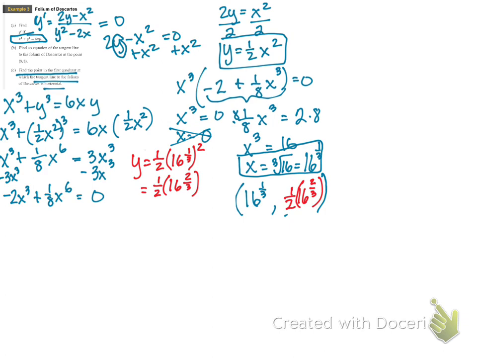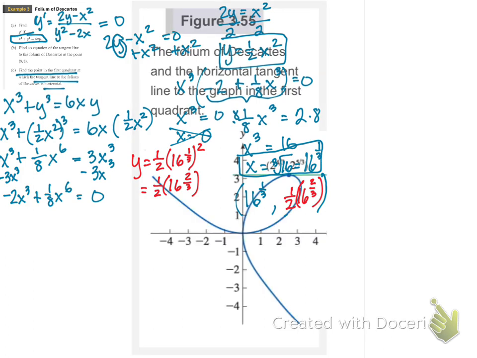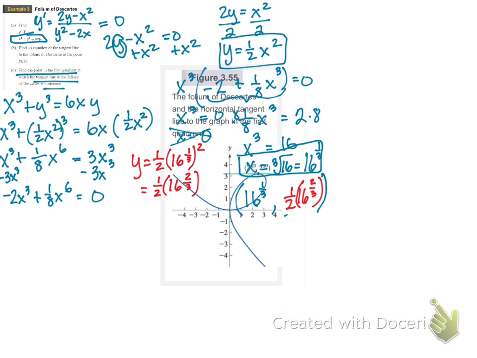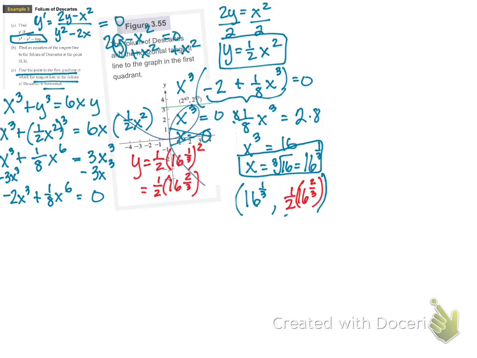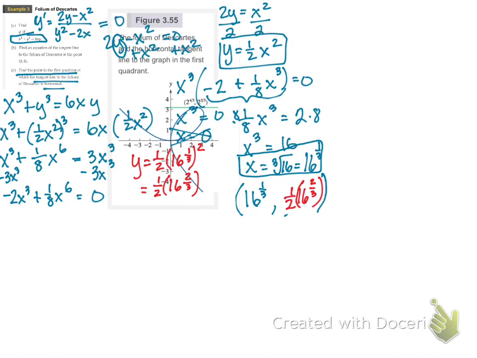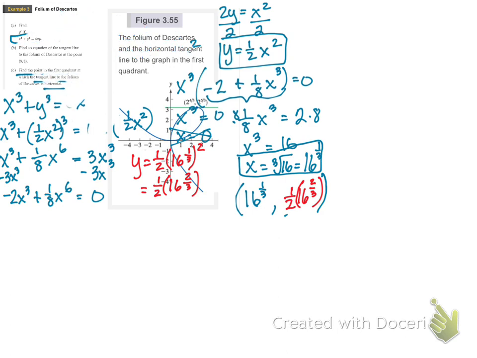I also got 6.35, which is 16 to the 2/3 power. Half it. Oh yeah, half. Okay, 3.175, I guess.